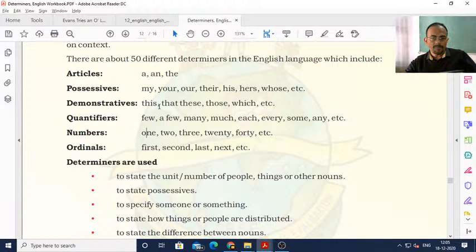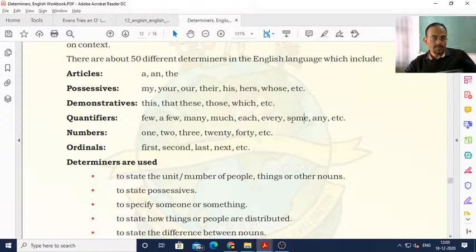Some of them are countable determiners, some of them are uncountable determiners. For example, few you can count, a few also you can count, many also you can count, so they are called countable determiners. Whereas much you can only measure. Some can be countable also, uncountable also.